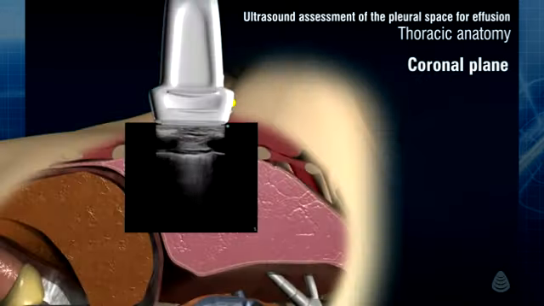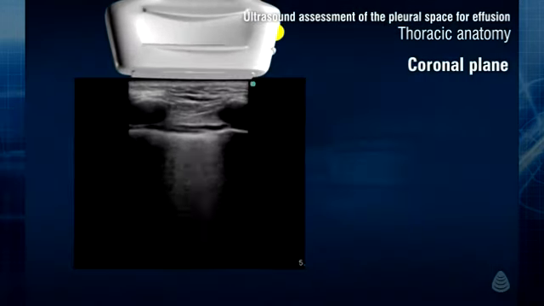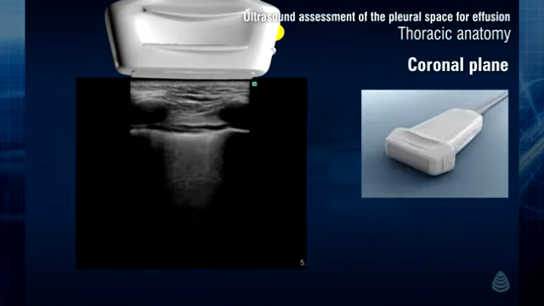Let's now review the ultrasonographic appearance of the structure that we just described. This will first be demonstrated using the linear probe. With its high frequency, the linear probe will provide a very crisp, high-resolution image quality with an excellent visualization of superficial structures like the pleural line and its sliding lung.